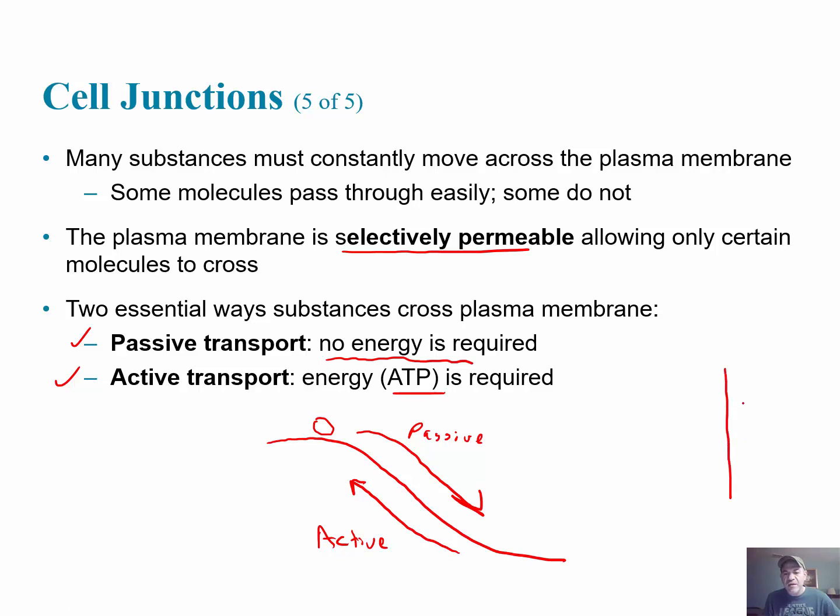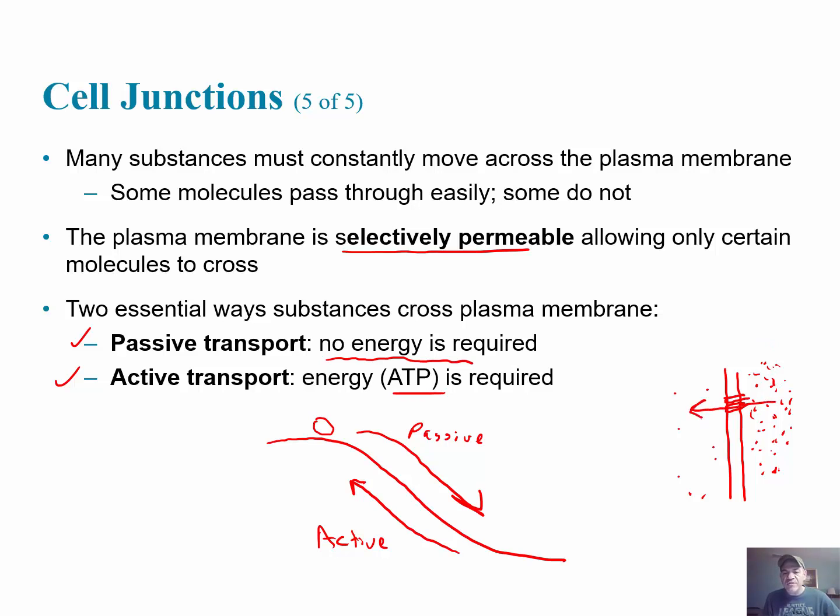So if I were to model my plasma membrane with two lines right here, and on the right side I had a bunch of a certain particle, and they could get through the membrane. Let's say these are sodium ions, and then there's very few of those sodium ions on here, but then we had a sodium channel right here that allows sodium to move. The direction that this would move passively would be from the right side to the left.